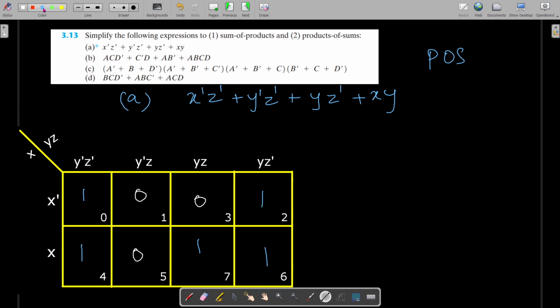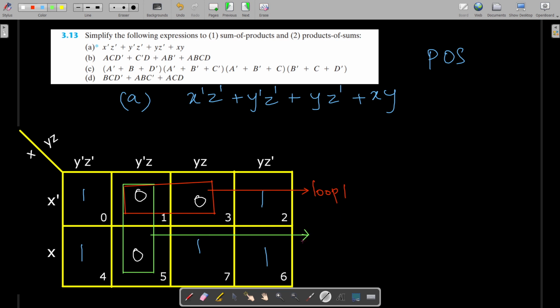These two zeros can be combined and it marks the loop 1 for POS, and then one more is left out, right? So it can be combined like this. This first and the fifth cell can be combined with the zeros for POS format. So it can be named as loop 2.